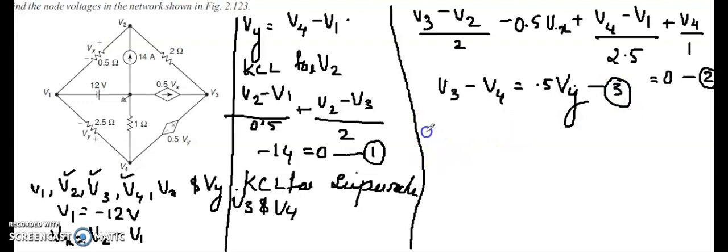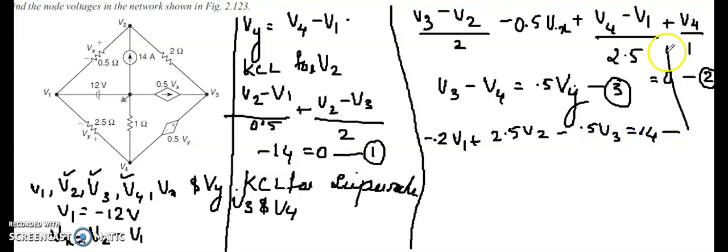Equation 1 can be rewritten as minus 0.2 V1 plus 2.5 V2 minus 0.5 V3 is equal to 14.